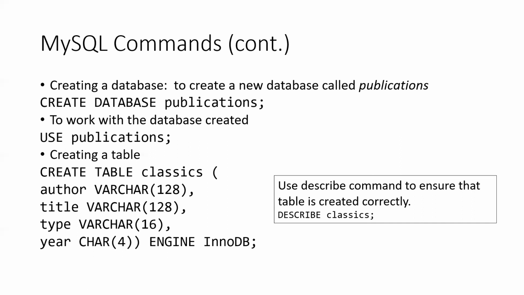If we know the specific length, we use char. If we don't know the specific length, we use vacha. Okay, good answer. Because variable character means it's variable. For example, for an author's name, we don't know the number of characters, so we specify the length 128 as the maximum number of characters.